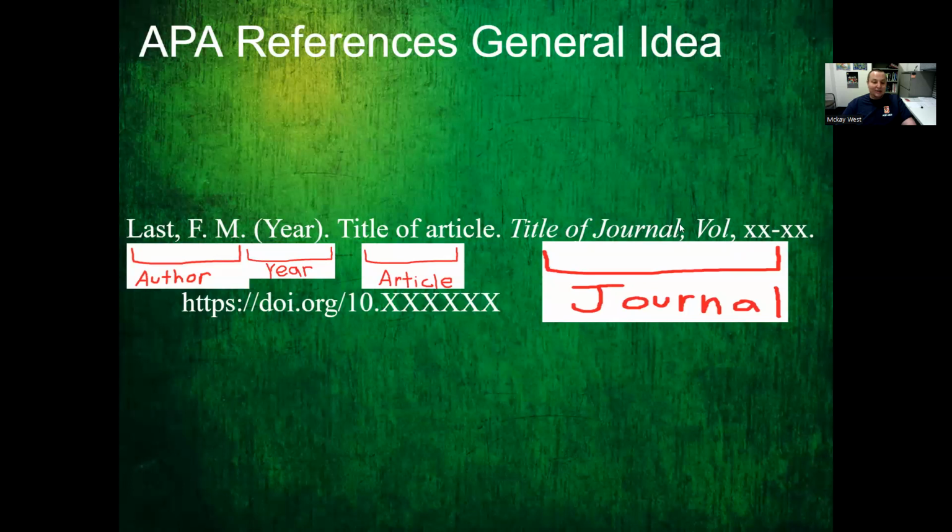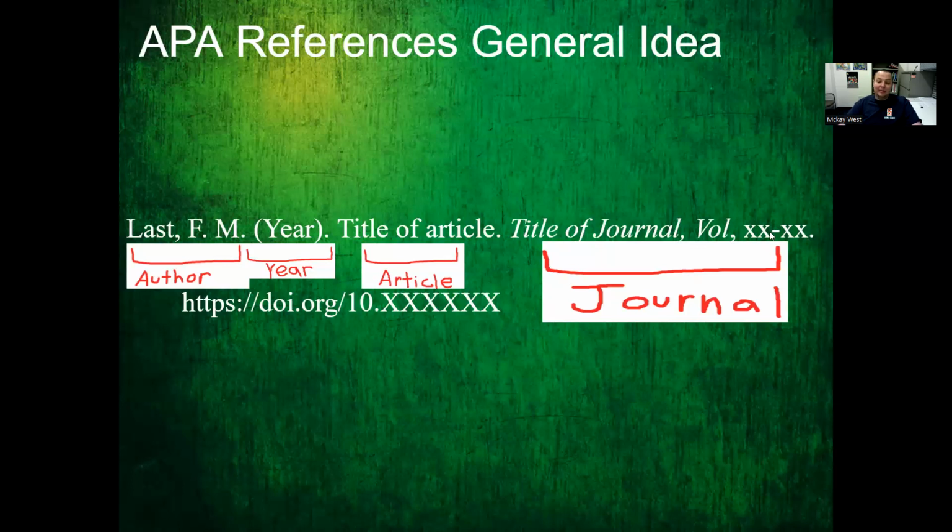So they drag over until the volume number and they italicize it, but they leave the comma so that this stuff is not. That's the best I got for you on that one. This comma and everything after it is not italicized, but everything before it for the journal is.